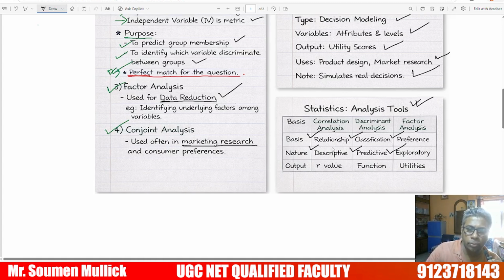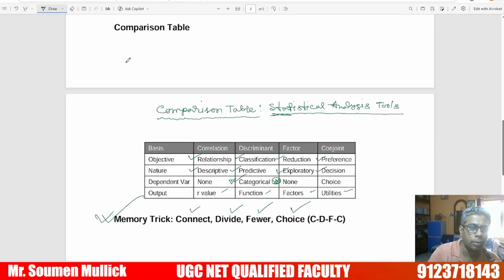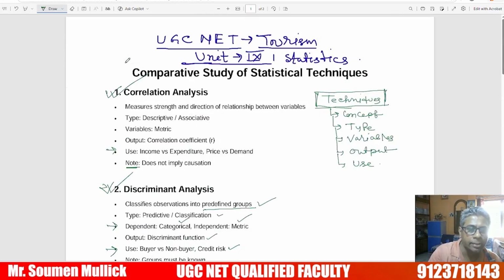And what are the outputs? The output of correlation is the r value, the output of discriminant analysis is the function, and the output of factor analysis is the factors. So these are the important topics of the statistical techniques of Unit 9.